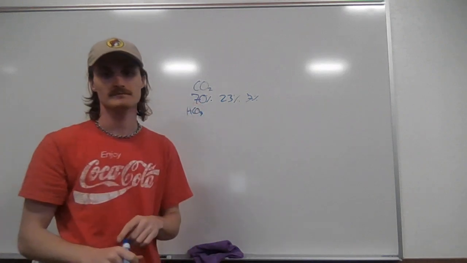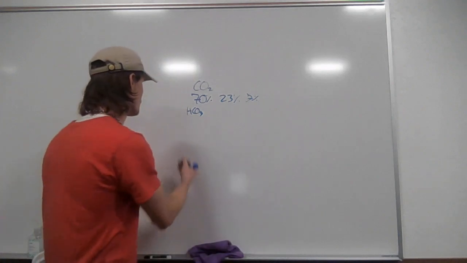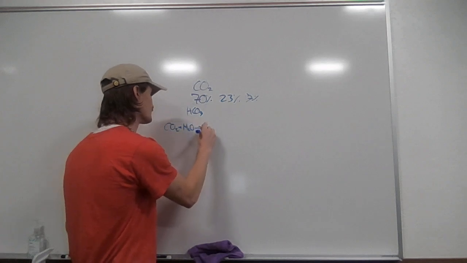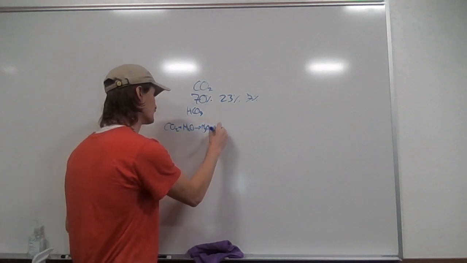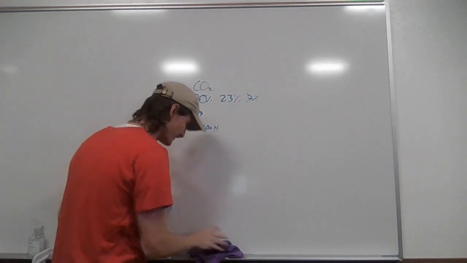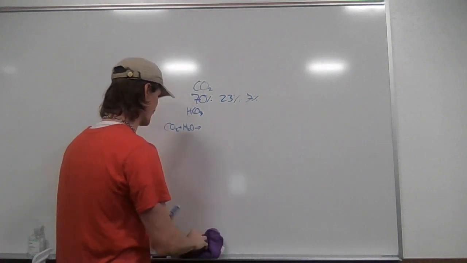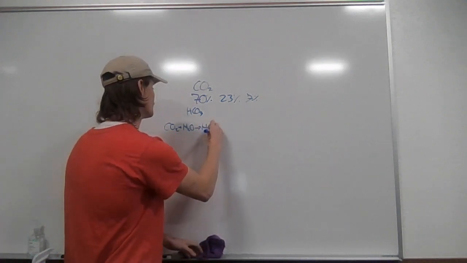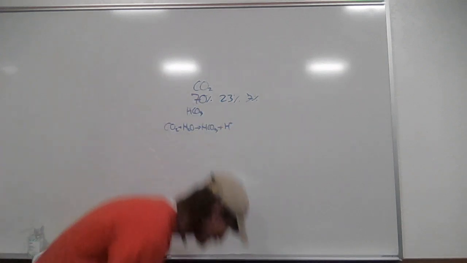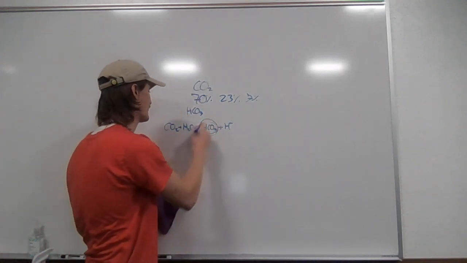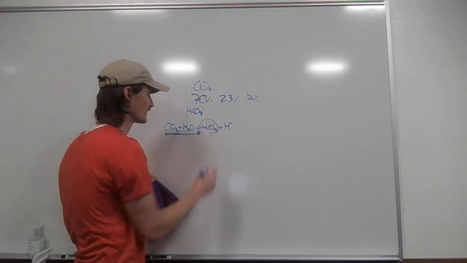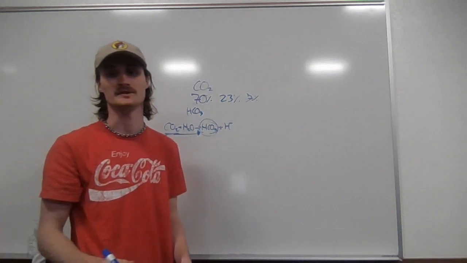But it's going to be formed from the reaction that has CO2 plus water, which turns into H2CO3 and then HCO3 and hydrogen. And so this reaction is what's going to have most of our CO2, because our CO2 follows this reaction along, turns into bicarb. That's where 70% of our CO2 is.